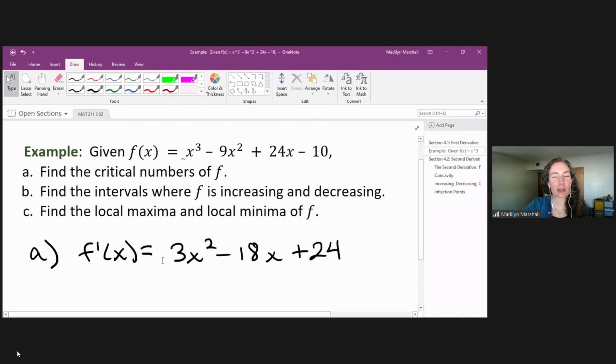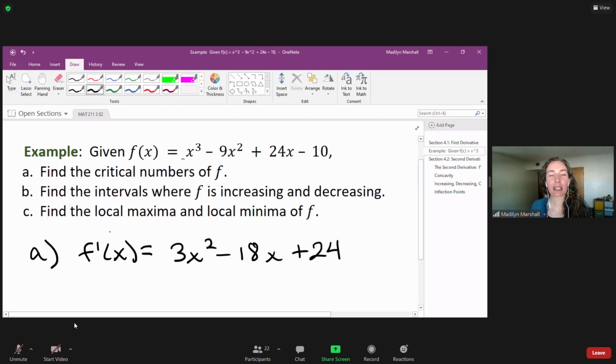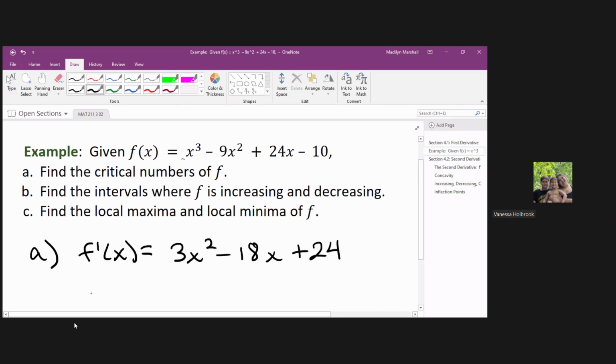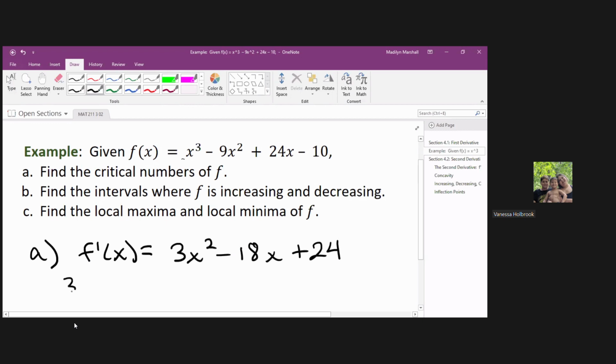What are we going to do with that derivative now to find the critical numbers? Set it equal to 0, yes. I suppose we could factor out the 3 to start off with, it wouldn't hurt, but I would set it to 0 first.